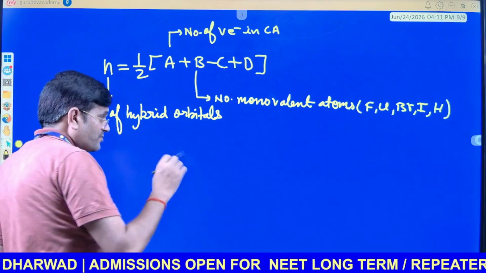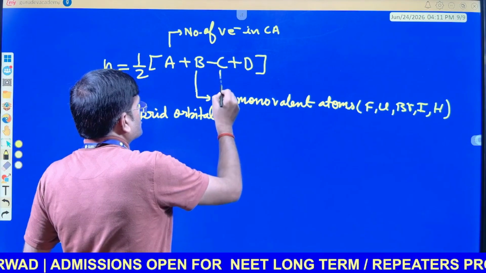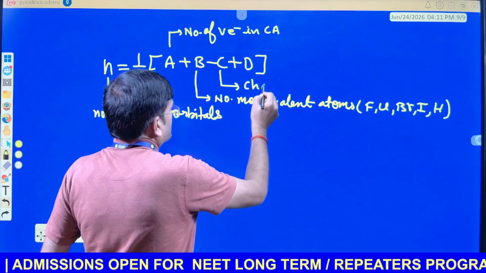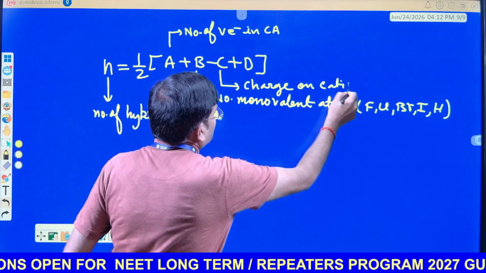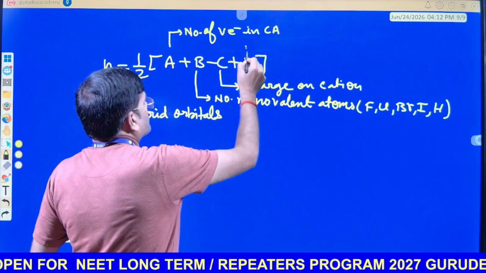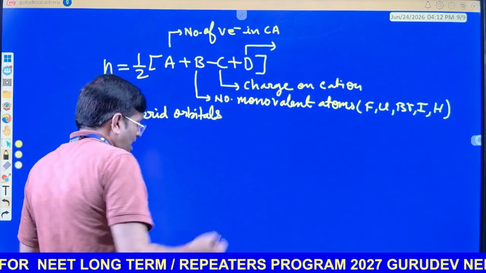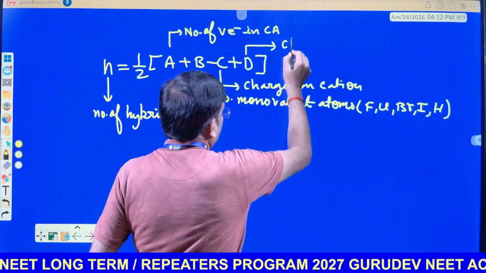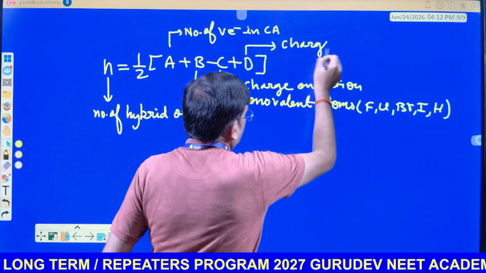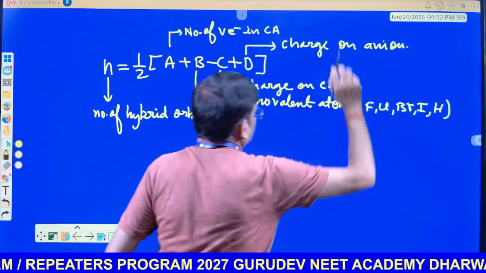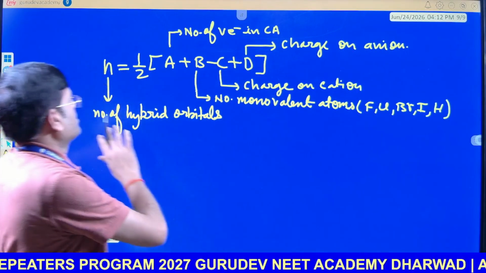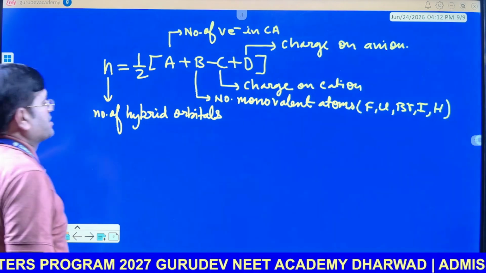Then what about C? C is the charge on the cation, if the species is a cation. What about D? D is the charge on the anion. So this is the shortcut trick to find out the hybridization.